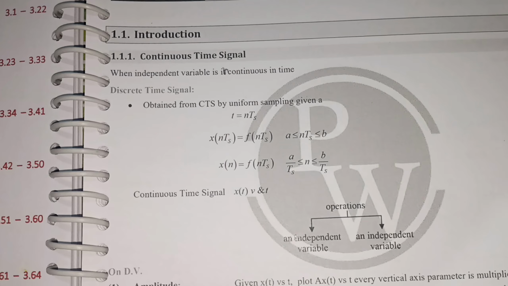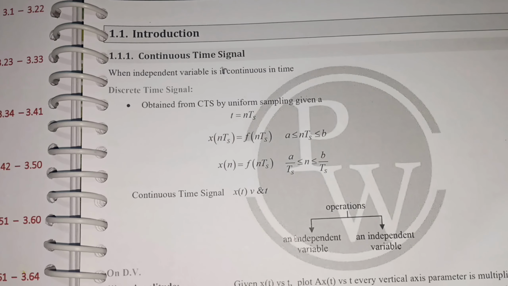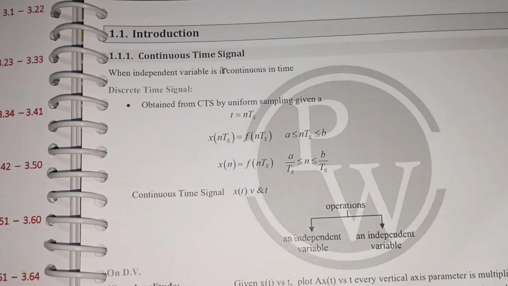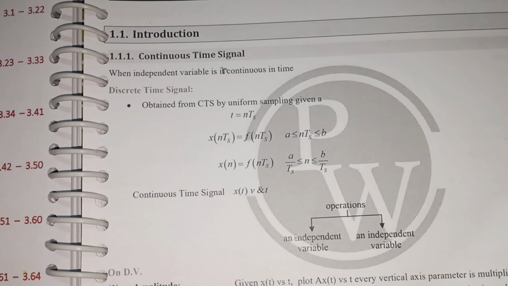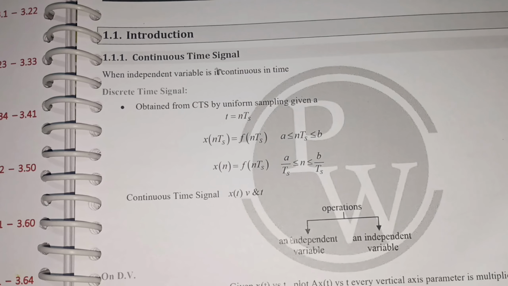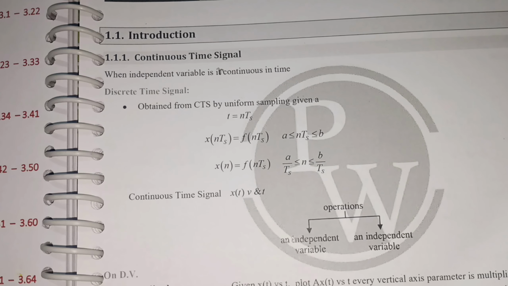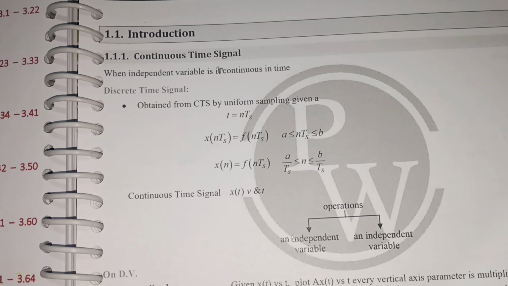Continuous time signal is represented in short form as CTS. So it is obtained from continuous time signal by uniform sampling. I will explain sampling in the next chapters. Till then, understand this and go through examples.